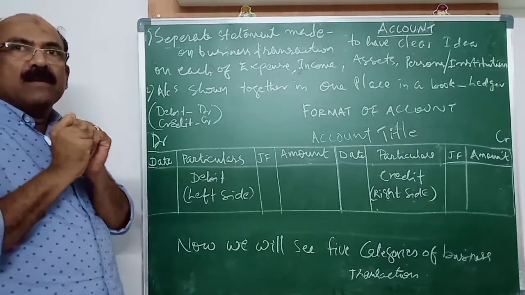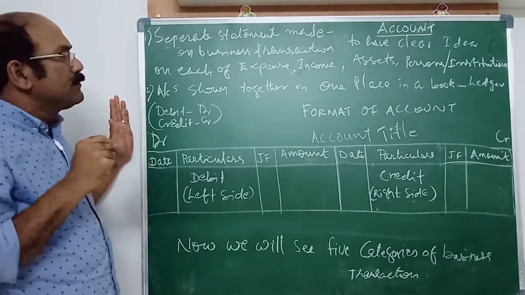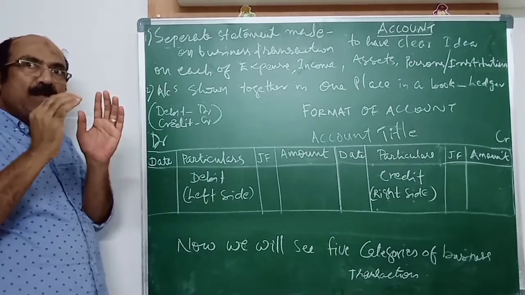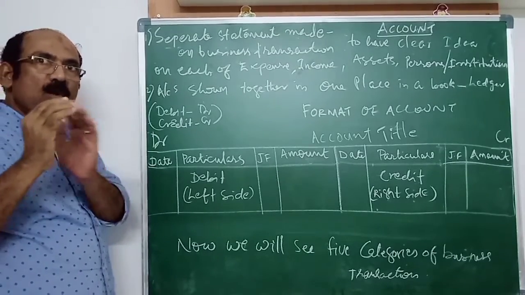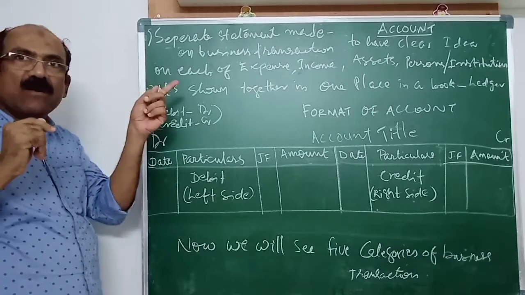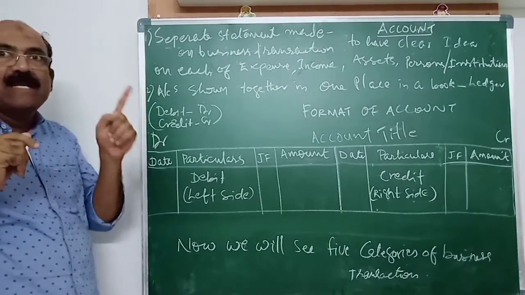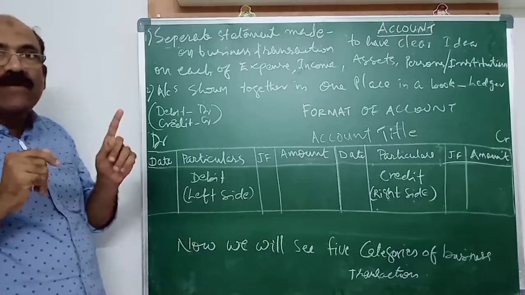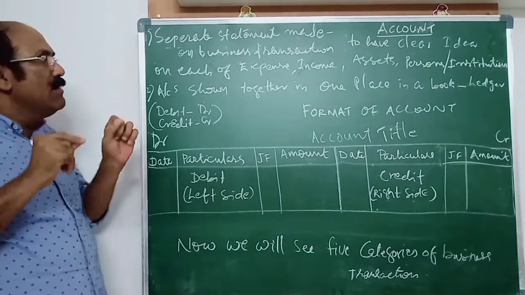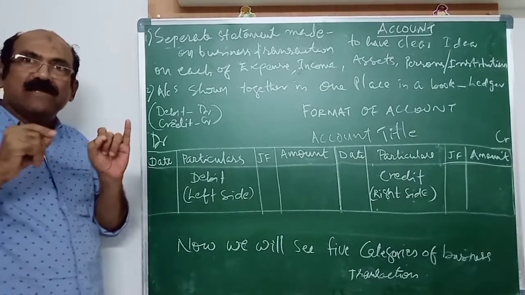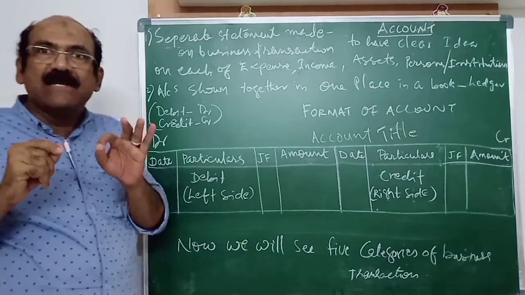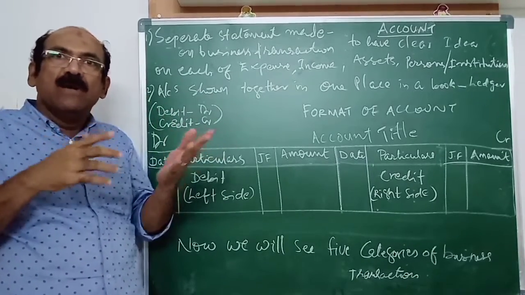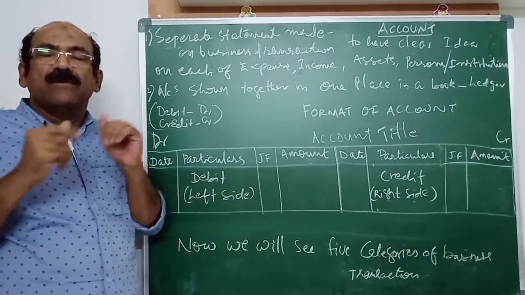So after that, what is happening? All these accounts together in one place in a book called ledger. So what is account? Account is a separate statement made on business transactions to have a clear idea on each of expenses, income, asset, person, capital, institution, all this kind of items.